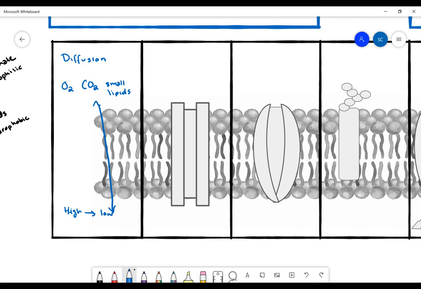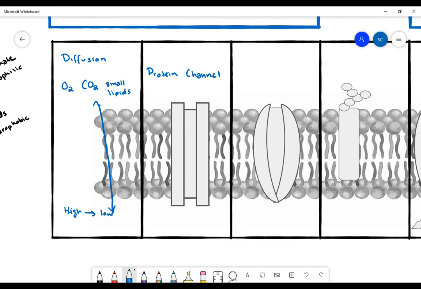Okay, the next one that we looked at was this second from the left. And so this we said was a protein channel. Remembering that in our diagram, it often will look like this kind of set of three rectangles squished together. But in reality, when you see this in a cell membrane, it'll look like a straw poked through the cell membrane.